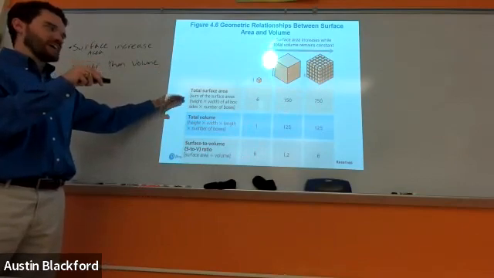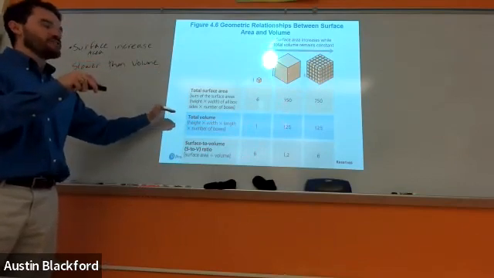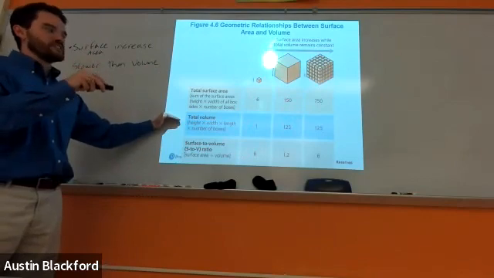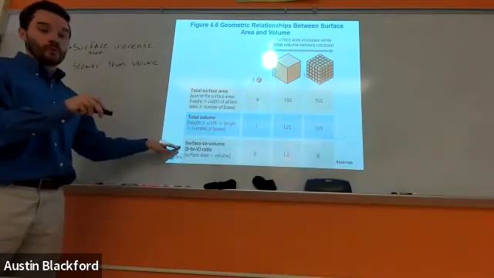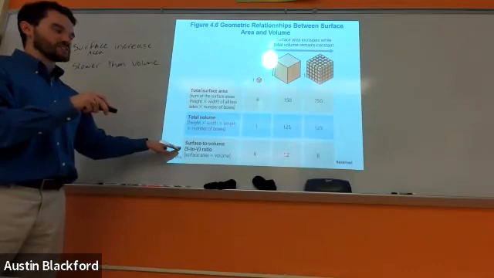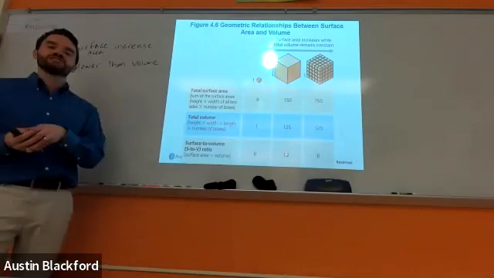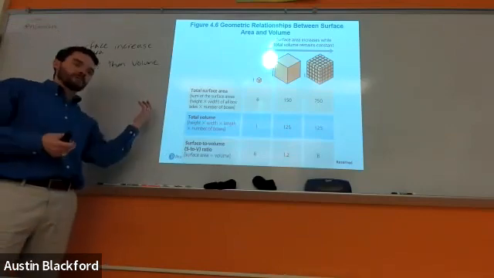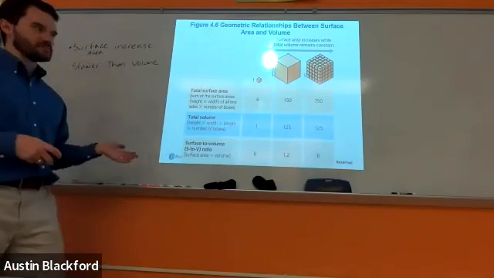You would have a surface area of 150 and a volume of 125. 150 divided by 125 is only 1.2. This is a problem because you're not going to have enough cell membrane space to bring in the nutrients your cell needs, or to get rid of the waste the cell is making.